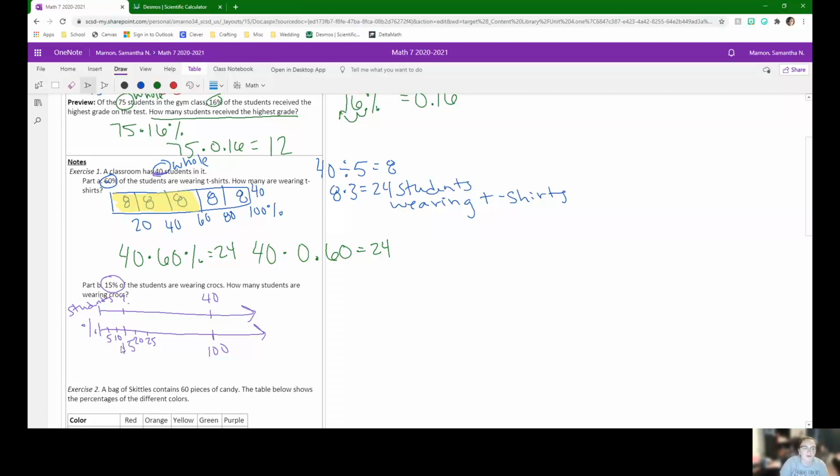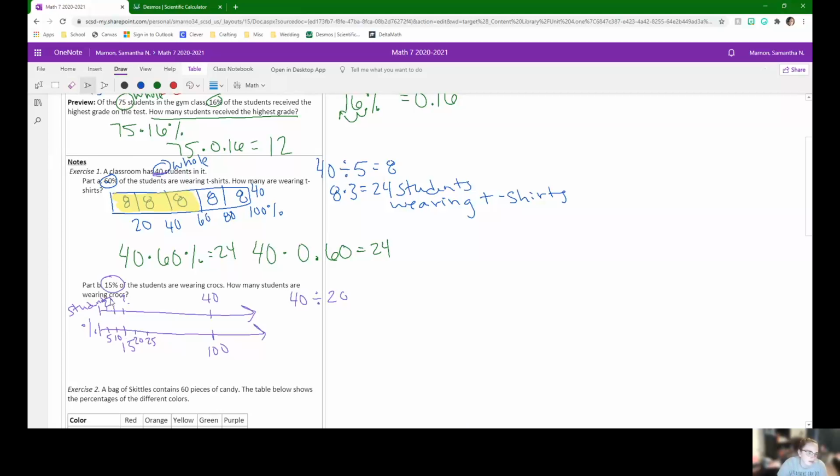That would give us 20 boxes. So you'd have to do 100 divided by 20, and that would give us that 5%. And by 100 divided by 20, I meant 40 divided by 20. So 40, split it up into the 20 boxes that we would need for all of those 5, 10, 15, 20, 25, and so on percents. This is going to be 2. So every 5% is going to be 2.